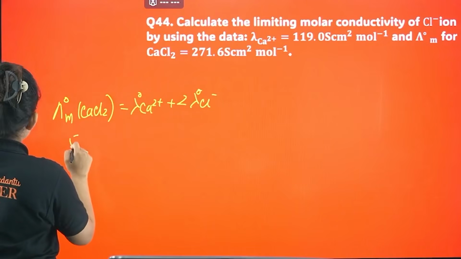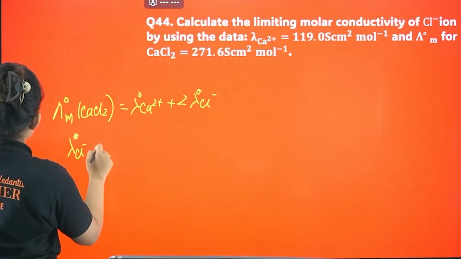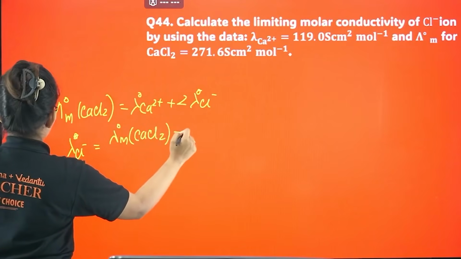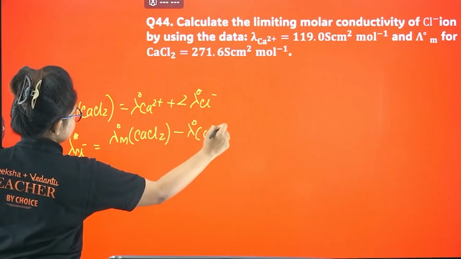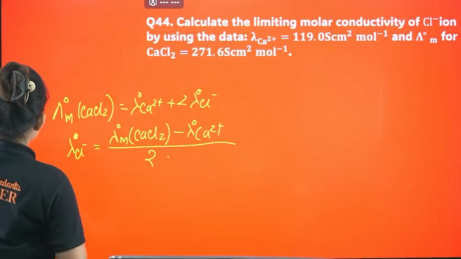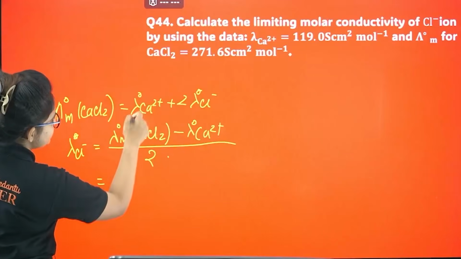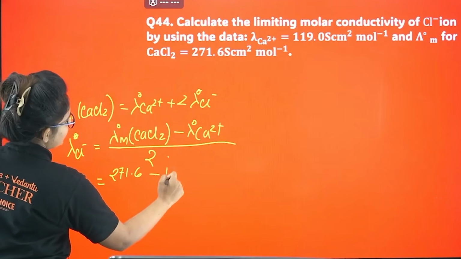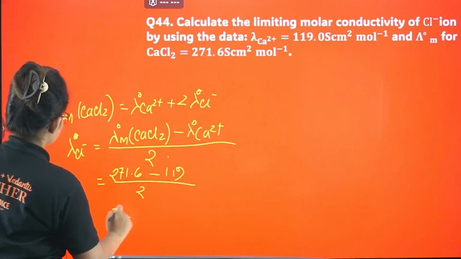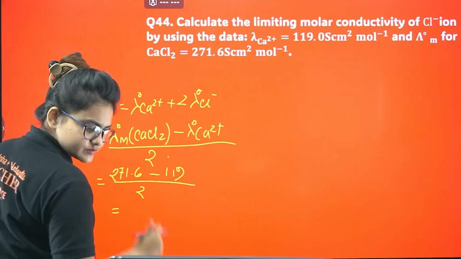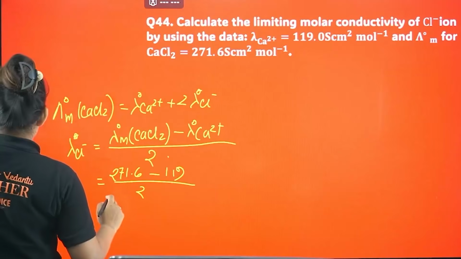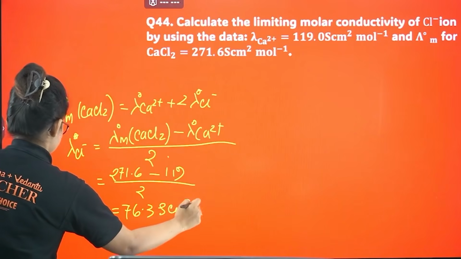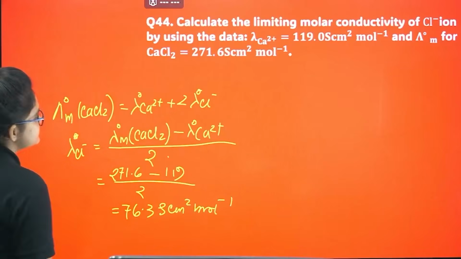For this case, lambda 0 of Cl- is going to be lambda m0 of CaCl2 minus lambda 0 of Ca2+ divided by 2. So just put the value: 271.6 minus 119 divided by 2. Your answer is going to be something like 76.3 S cm2 mol-1.